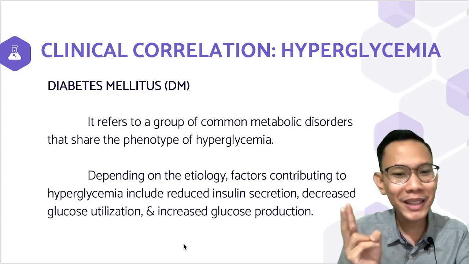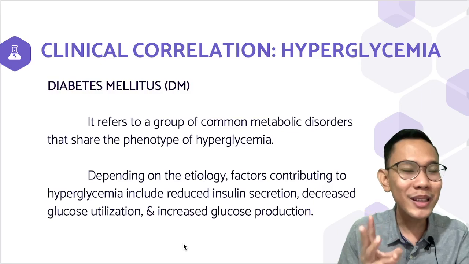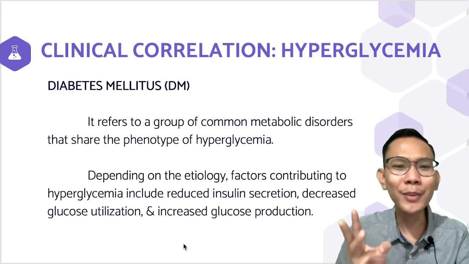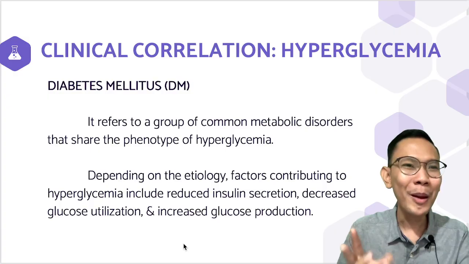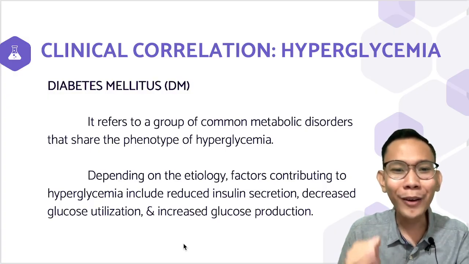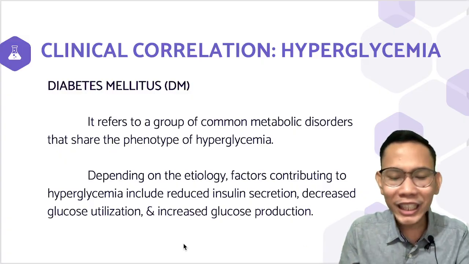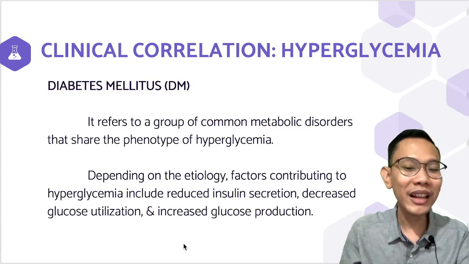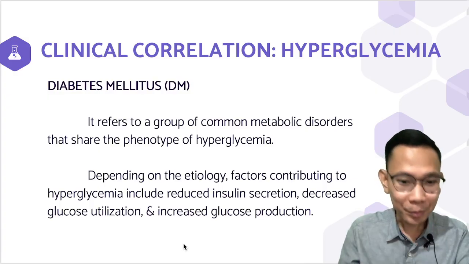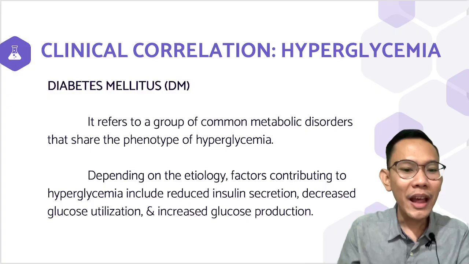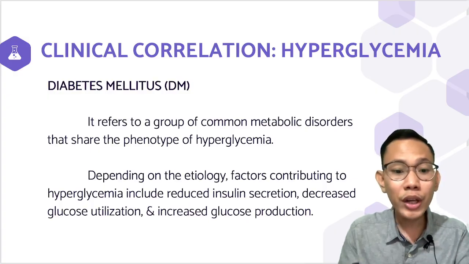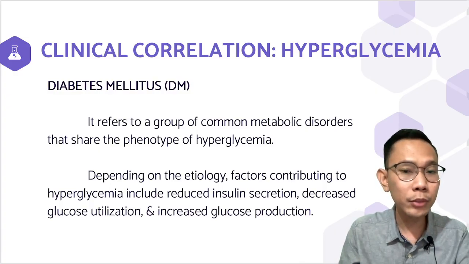Both of my parents are diabetic, and right now my sister is already having symptoms of diabetes mellitus. So, most probably, in due time, baka ako rin magkakaroon ng diabetes mellitus because it's an interaction between environmental and genetic factors.